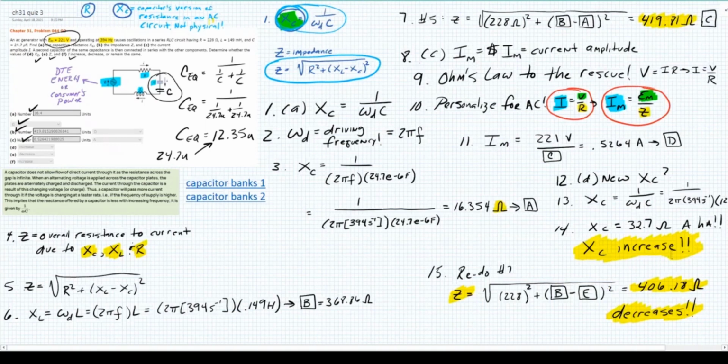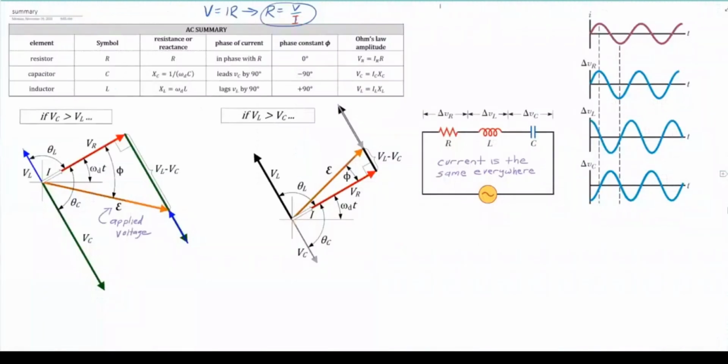That's a decrease. How does that happen? And the answer is right here on this page. Boing. Apparently, what's going on is my capacitive reactance is actually coming closer to match the inductive reactance. That's called impedance matching.